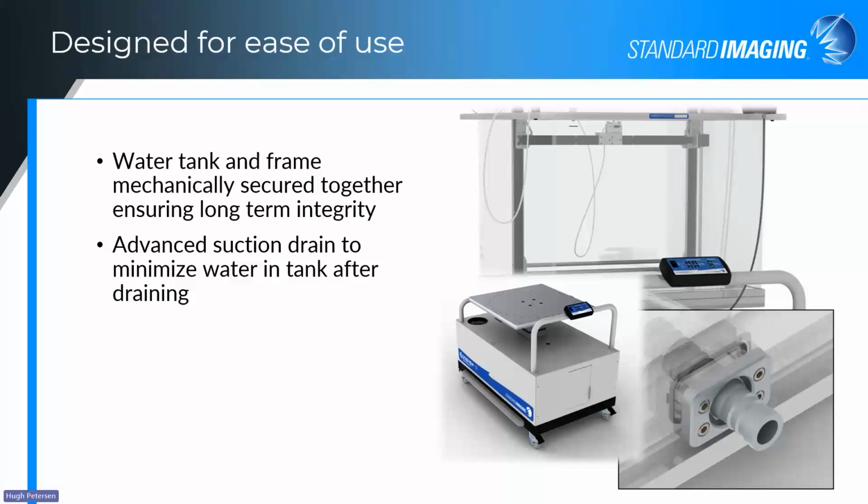It actually is integrated into the water Phantom tank itself. This is kind of a small point, but it's kind of unique, and very beneficial. We've got a suction drain that, when you drain the tank, works to suck the water out of the tank and minimize any water in the tank after draining. So it makes for a much easier moving of the system.